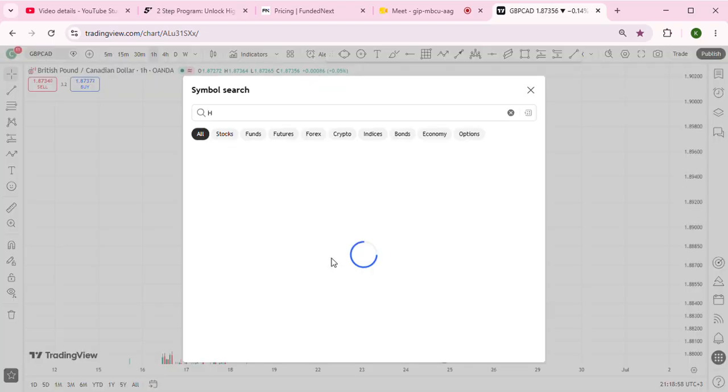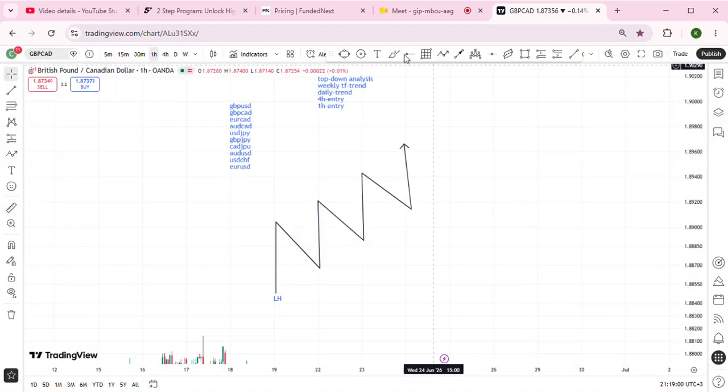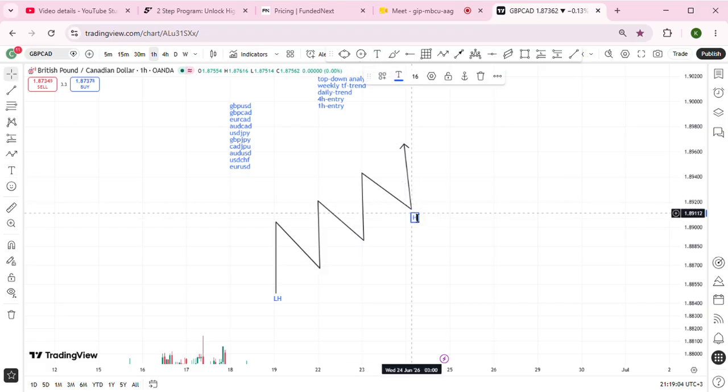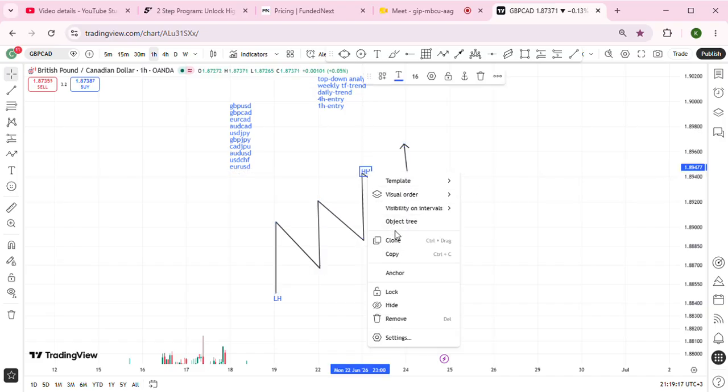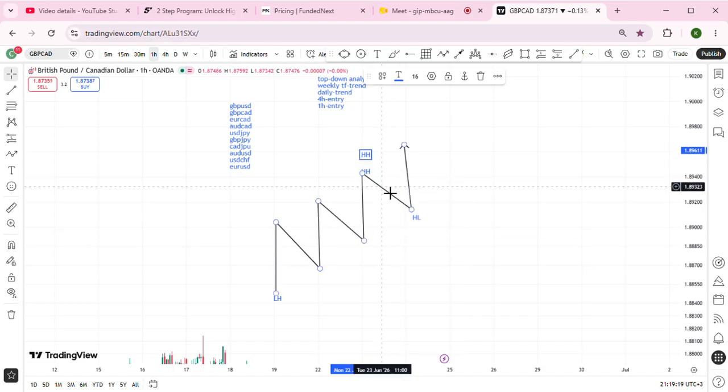It should be HL, higher low. I will just use the symbol, I will not write the whole name. And then on this side we are going to have HH, higher high. We'll be having higher highs and higher lows.